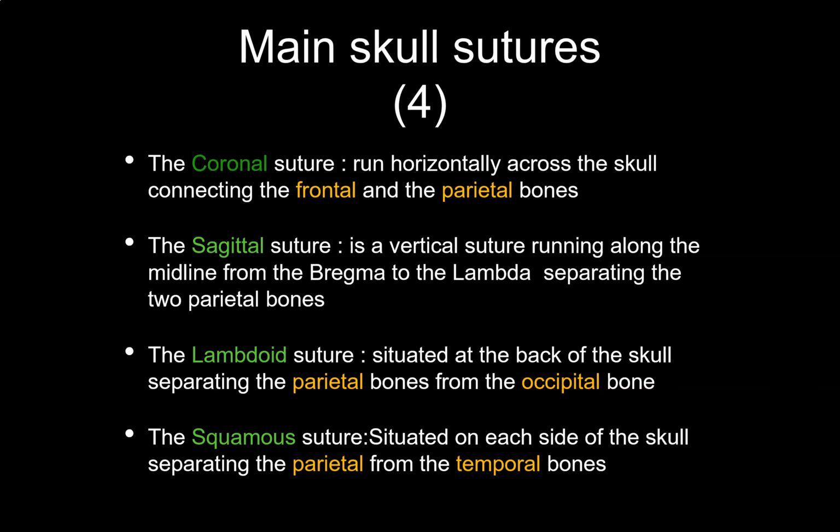The coronal suture running horizontally from one side of the skull to the other across the skull, separating the frontal bones from the parietal bones, and the sagittal suture in the midline, a vertical suture separating the two parietal bones from each other, and the lambdoid suture situated at the back of the skull, separating the parietal bones, right and left, from the occipital bone, the squamous part of the occipital bone, and the squamous suture situated on each side of the skull, separating the parietal and temporal bones.